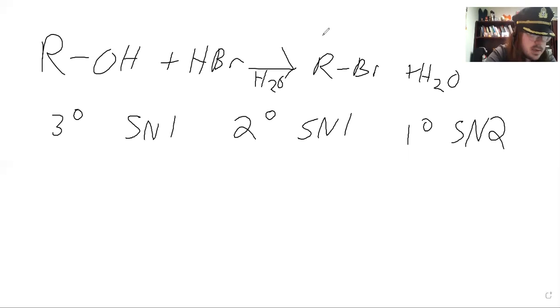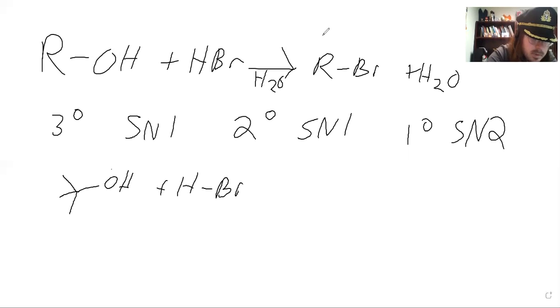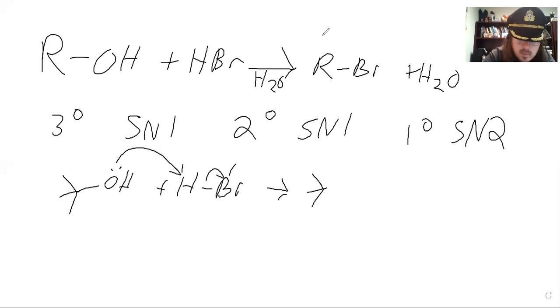Now, what's the general mechanism? Just a quick reminder. Here's a tertiary alcohol. In the presence of an acid, HBr, a lone pair attacks the proton and kicks that off. You have your protonated water. It's now a good leaving group.